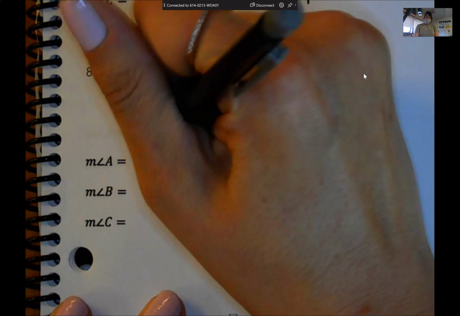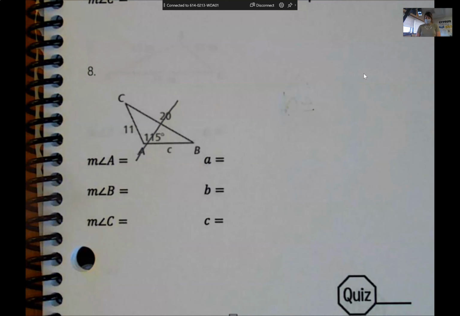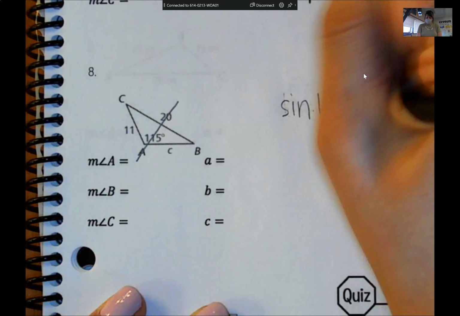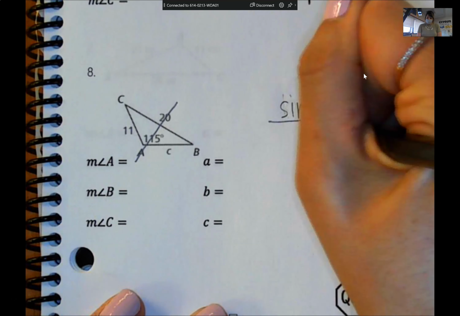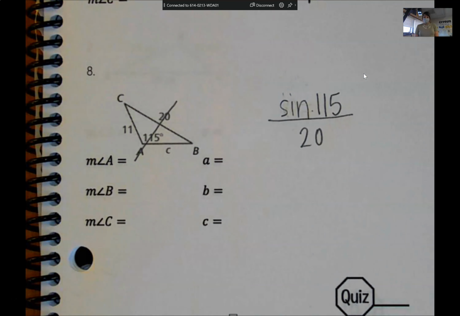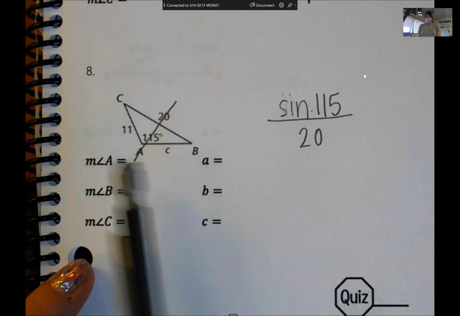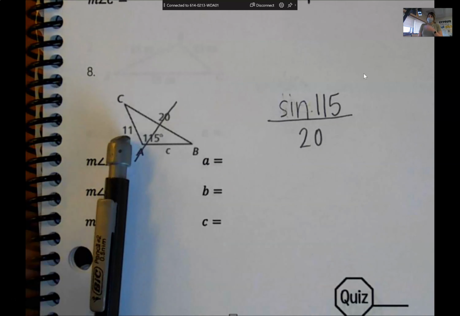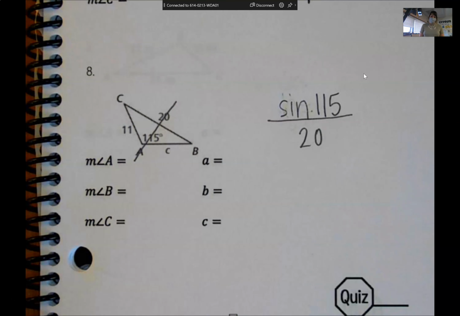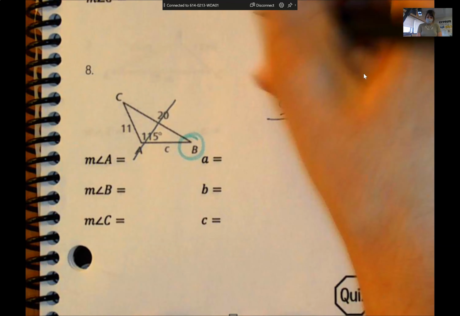So we have matching information for A. So the first two things we do are going to be based off of sine 115 over 20, because that's the information that we have. For this picture, there's only one angle that I can find because I only have one other number, and that is side B. So the first thing that we should do is find angle B. So step number 1, find angle B.